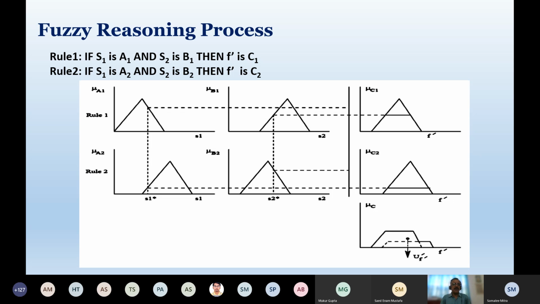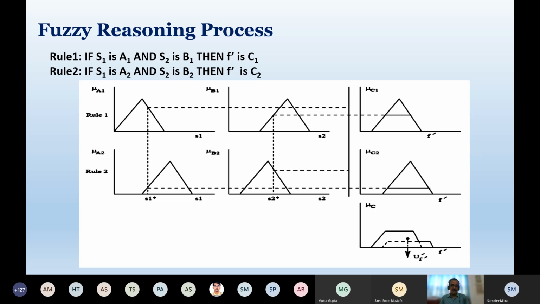Now I've got two such fired rules and I'm going to pass one set of inputs, that means one set of temperature and humidity. Temperature is denoted by S1 star and humidity is denoted by S2 star. The moment I pass S1 star and S2 star, I'll show how to find the output of the two fired rules.